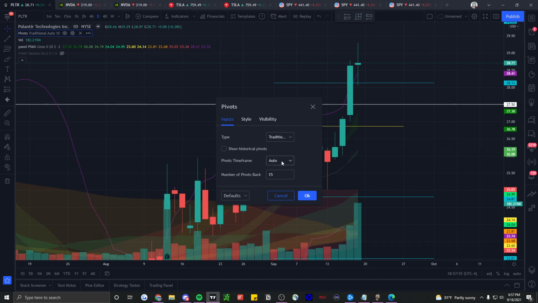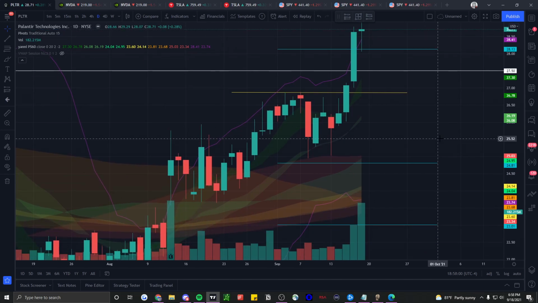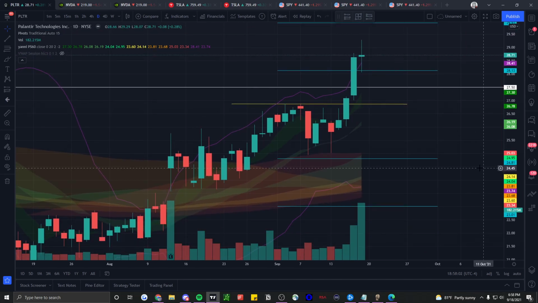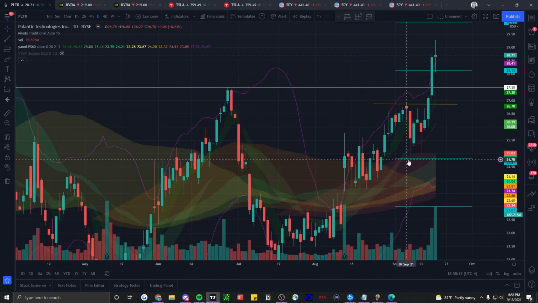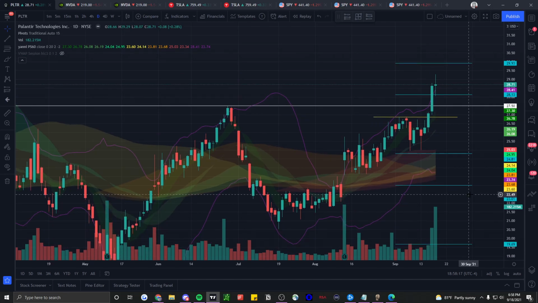And I also have it on an auto time frame, so I could see the daily, hourly, and 5-minute pivot points. A lot of people like to use linear regression. TradingView doesn't have a good linear regression, so I don't use it. I like pivot points a little bit better for my trading, but if you have another trading platform with good linear regression, I encourage you to use that.